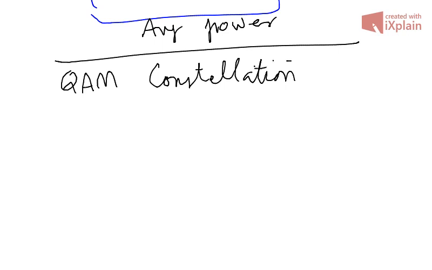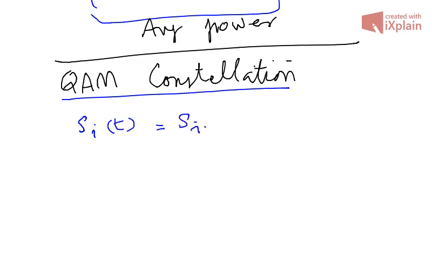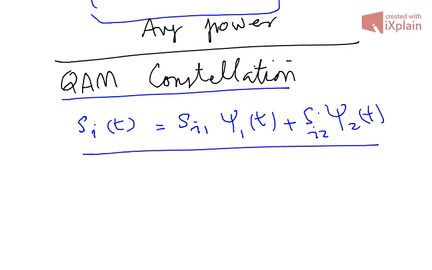We saw that we can represent our signal s_i of t as s_i1 psi 1 of t plus s_i2 psi 2 of t. This is the representation of our QAM symbol.